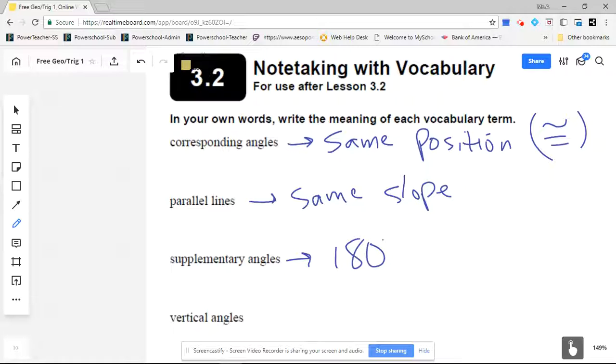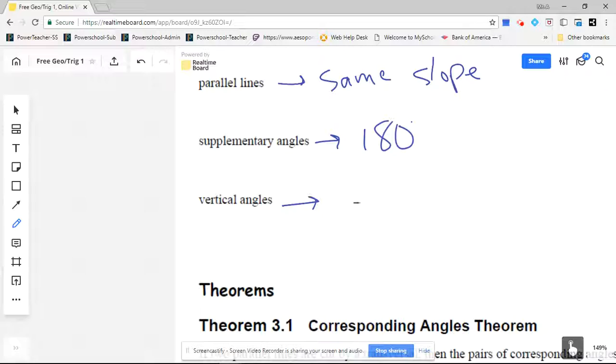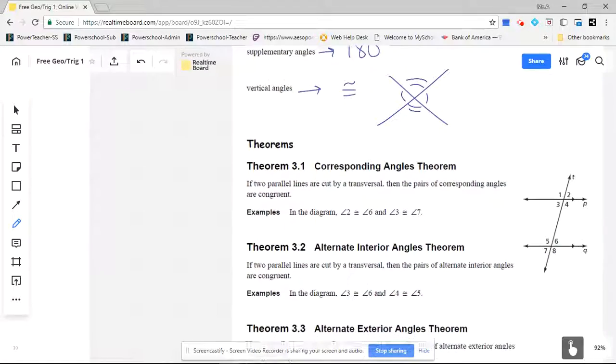So any two angles you pick that are not congruent, that add up to 180, you could call them supplementary. And then vertical angles are always congruent. And you could draw an X. These two are vertical, and these two are vertical. And that's just your vocab. They're quick and easy ones.